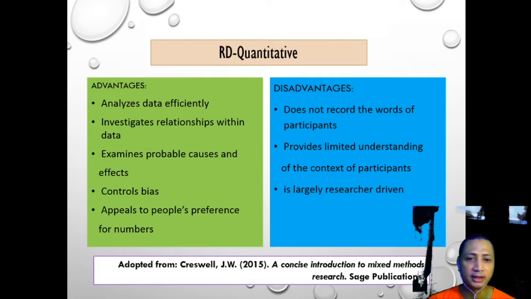And the disadvantages of quantitative research design: it doesn't record the words of participants, the second one is that it provides limited understanding of the context of participants, and the last one is that it is largely researcher driven.